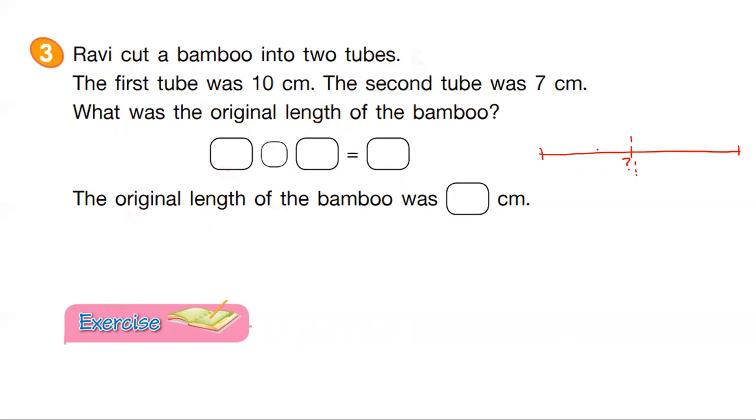One tube was 10 centimeters. Another tube is 7 centimeters. So what is the original length? You see that will be 7 plus 10, or 10 plus 7, which is 17. So the original length of the bamboo was 17 centimeters. I believe that you have understood.